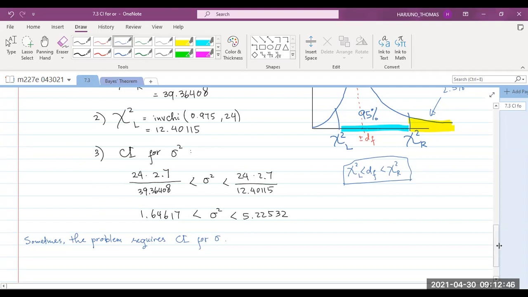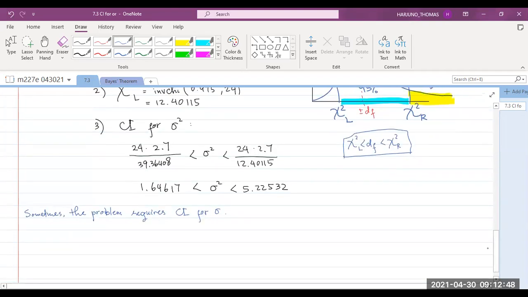To do so, you just go one more step from here. You take the square root of each side of that inequality, but of course you need to declare again. Confidence interval for sigma will be the square root of the number on the left less than sigma less than the square root of the number on the right.